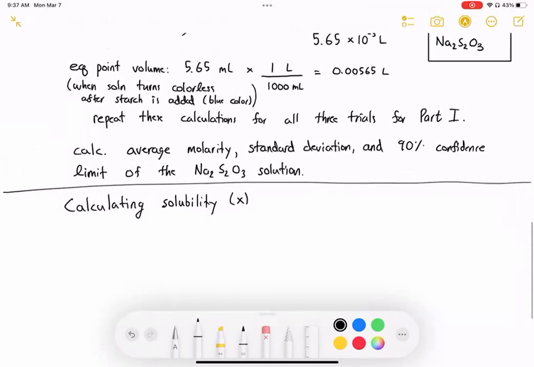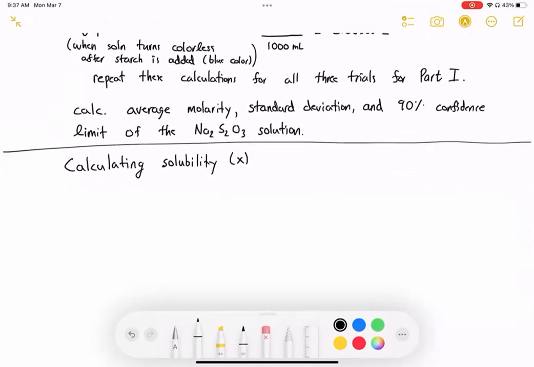The thing about KSP is that it allows us to calculate the solubility of an ion in solution. So calculating the solubility of calcium iodate. The data for the first 3 trials of part 1 is only for part 1, so you don't need to use them anymore in these further calculations.